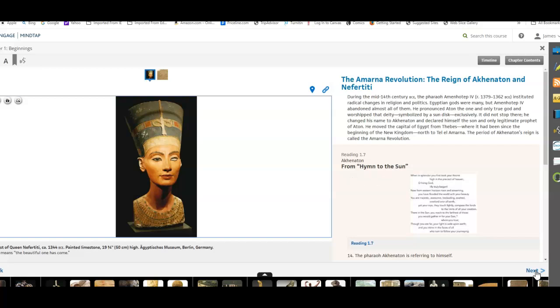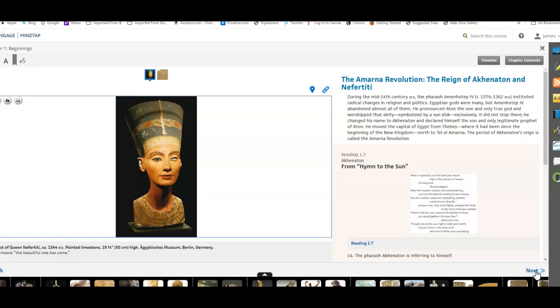In the middle of this New Kingdom, you have Amenhotep IV succeeding his father, and he takes a new name. He takes the name of Akhenaten, and he changes the religion. Previously, you had the list of all those gods that they worshiped, so it's polytheistic. He changed the religion to monotheistic.